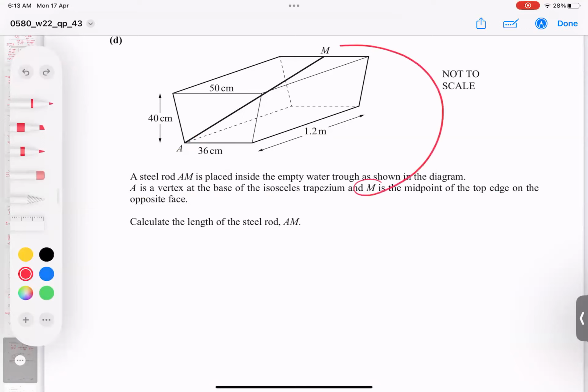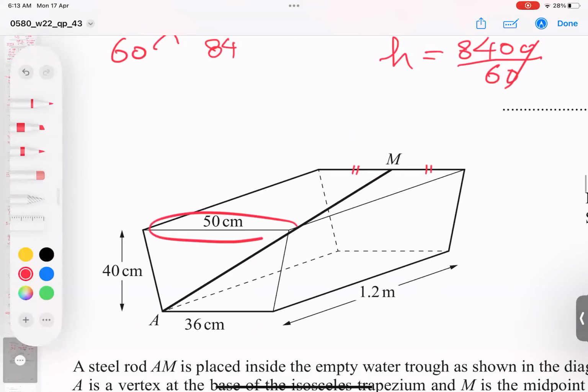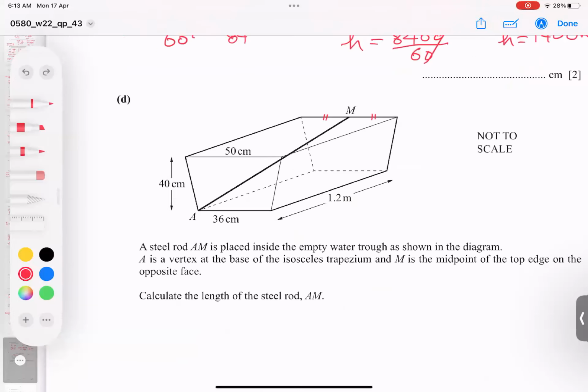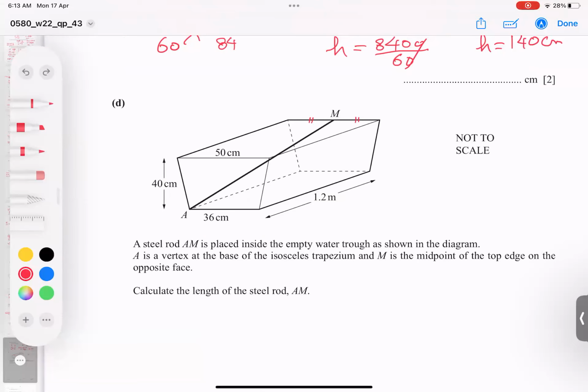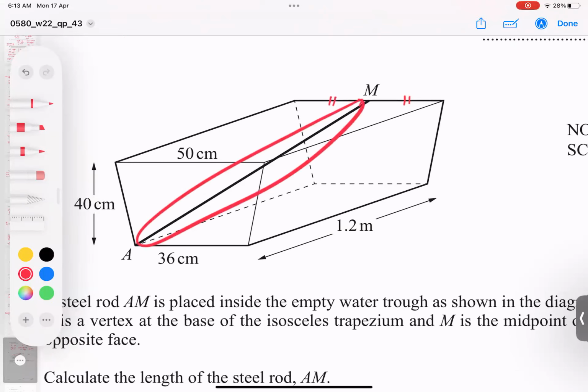So this is the midpoint, and this distance is equal. The total is 50, so this is 25, 25. And second, he mentioned to find the length of the steel rod AM. So this length is my concern.